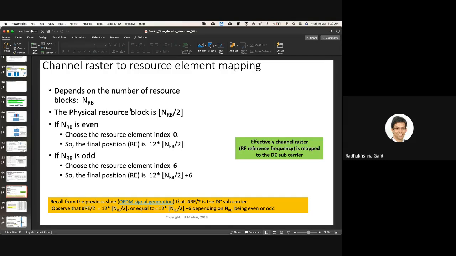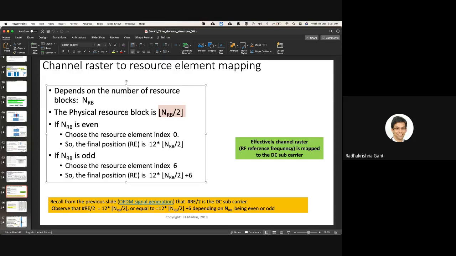That depends on the number of resource blocks. So the channel raster is mapped to this element. In terms of resource block, it's mapped to N_RB by 2. Suppose you have 272 subcarriers, it will be 356. Okay, 356, sorry.